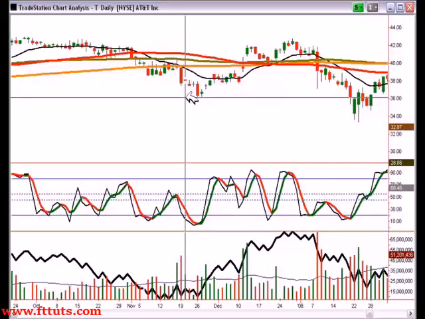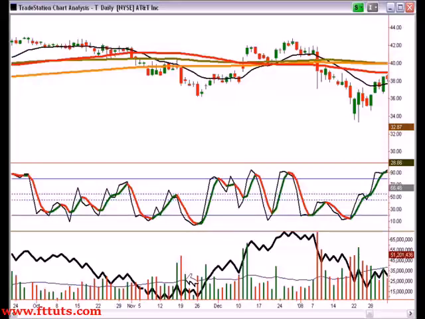Now if you look down at the volume histogram and note whether it's green or red, it is a green volume bar. Sometimes people get confused by that. They say, wait a minute, how come the candlestick is red, meaning that it closed below the open, but the volume bar is green? Isn't the volume bar supposed to be red since the candlestick is red? And the answer to that question is no.